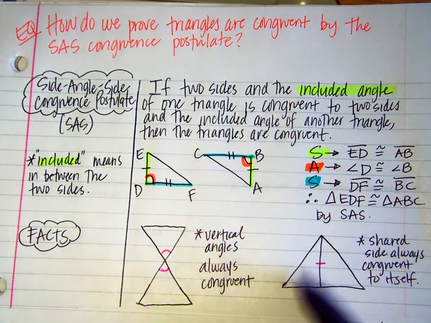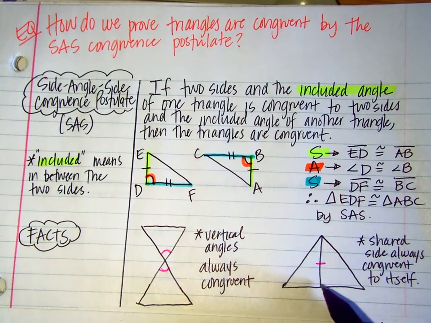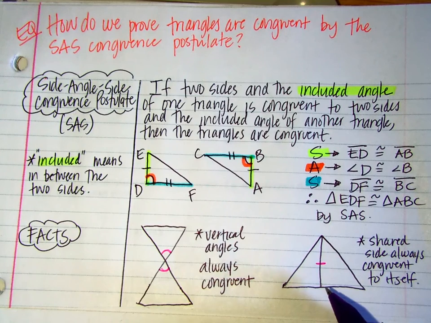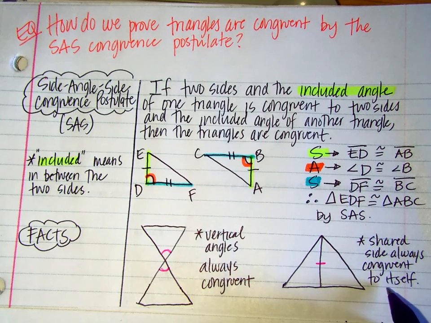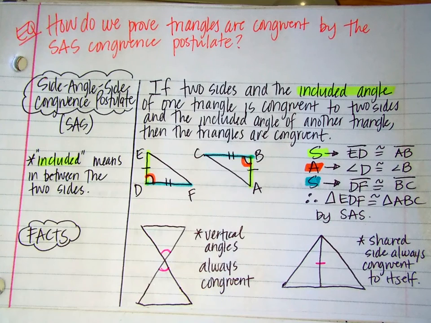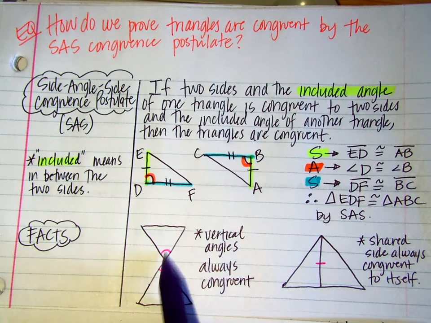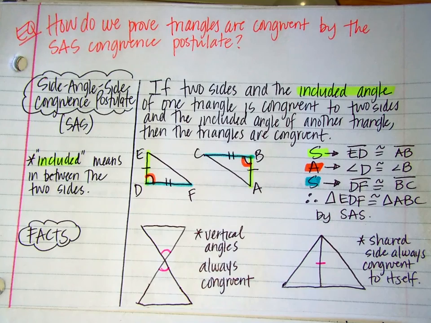At the same time, if you have two triangles and they are sharing a side, you can also mark that side because that side is congruent to itself by the reflexive property. So these are facts. If your diagrams are not marked and you know that this is a fact, you may mark your diagrams.